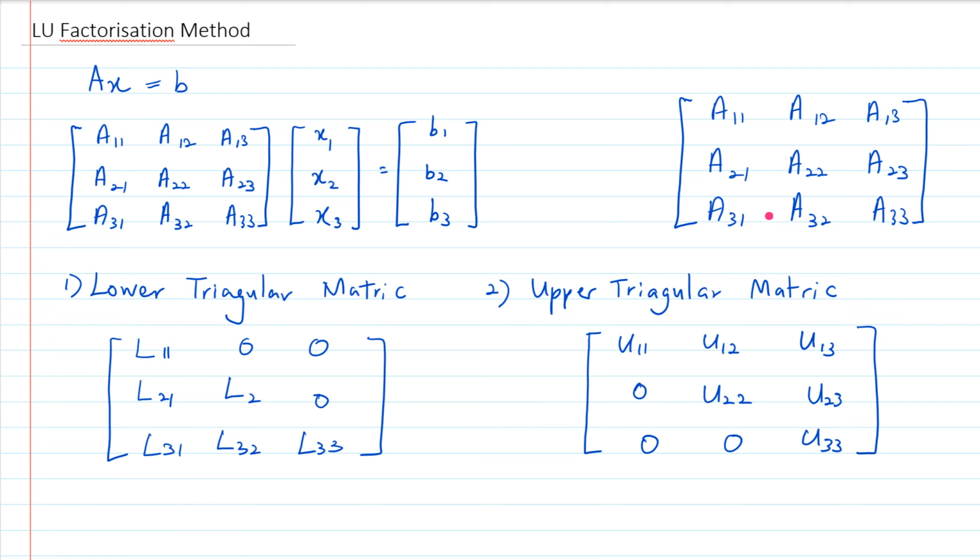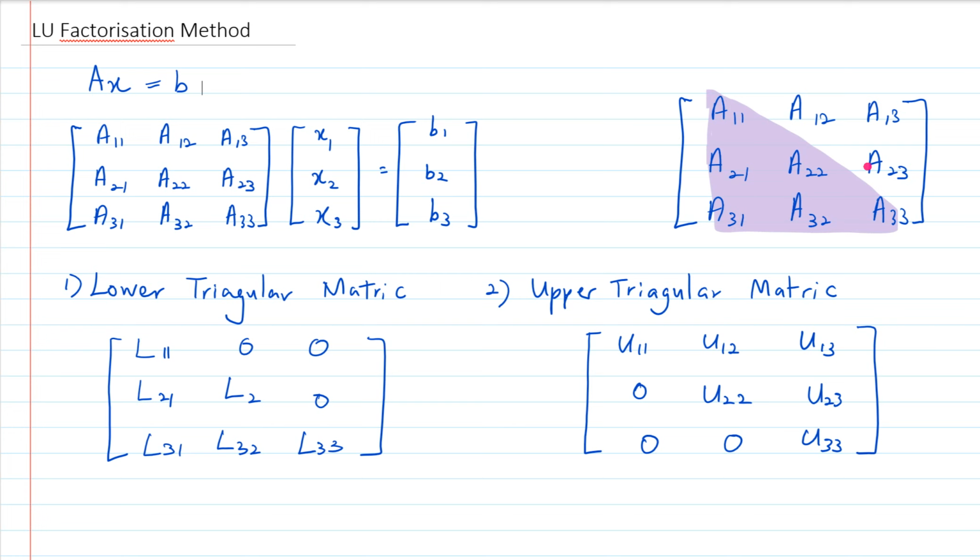Now we need to know what the lower triangular matrix is and what the upper triangular matrix is. This is the matrix A. When I talk about the lower triangular matrix, it refers to the lower triangle in the matrix. So this is what we call the lower triangular matrix.